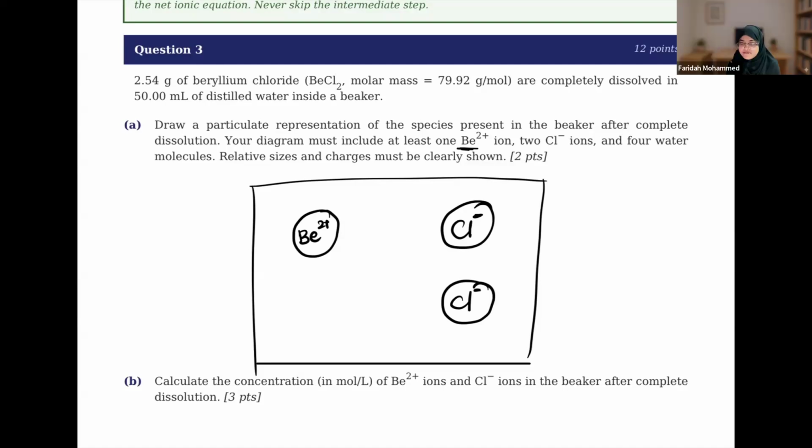Okay, let's see. Periodic trend. Why does beryllium need to be smaller than chlorine? Since it loses electrons, or since the chlorine gains. Okay, let's see. So you guys are saying, which one should be larger, calcium or fluorine?